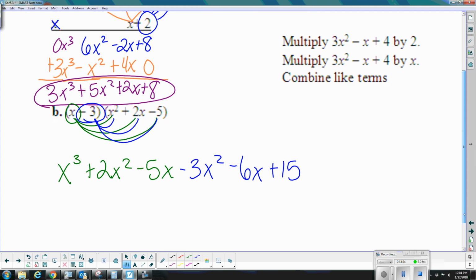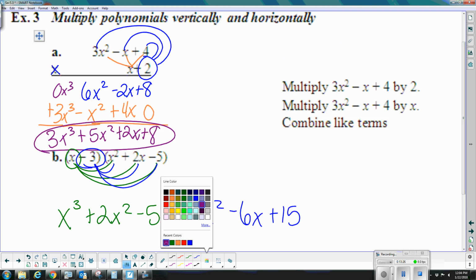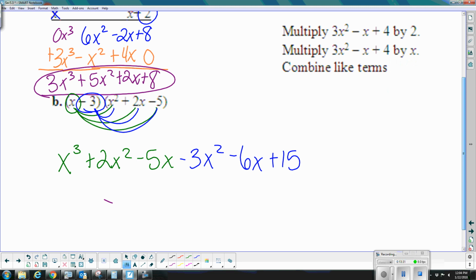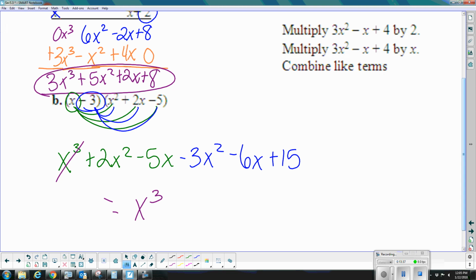And now you need to combine your like terms. So we've got 1x cubed term. And then 2x squared minus 3x squared is negative x squared.